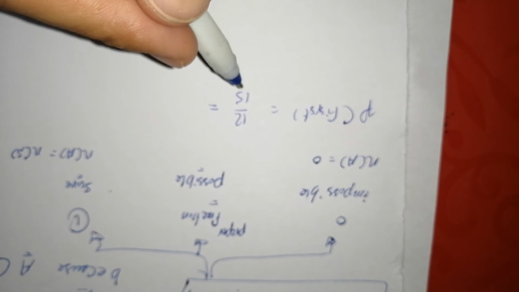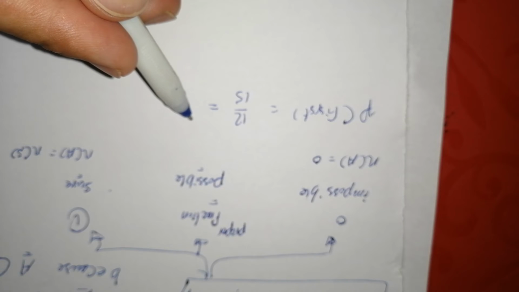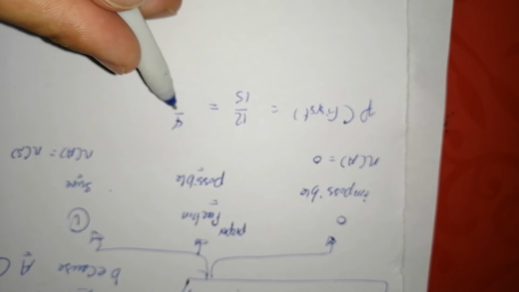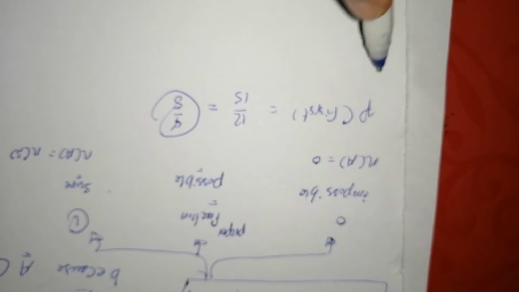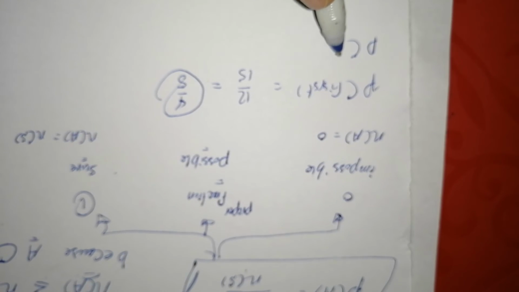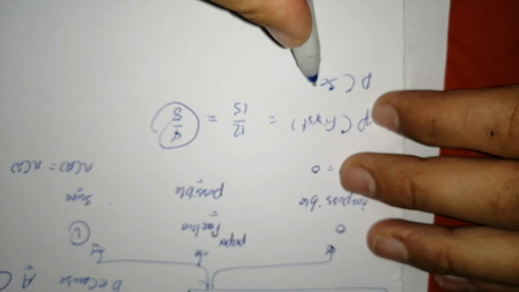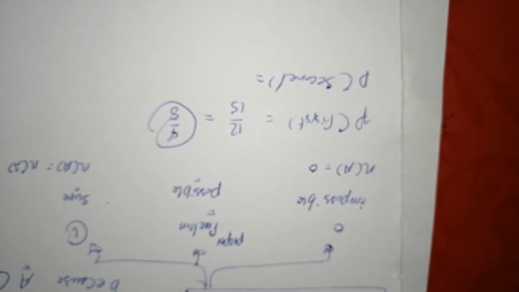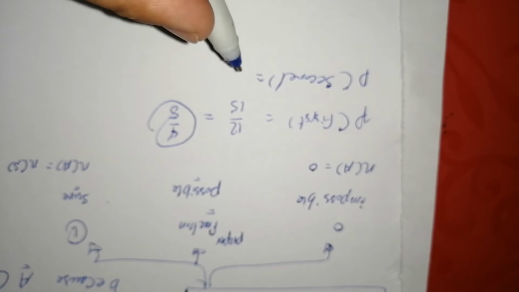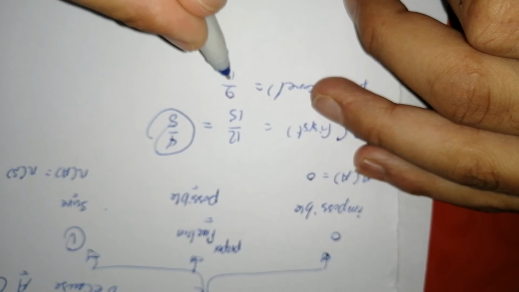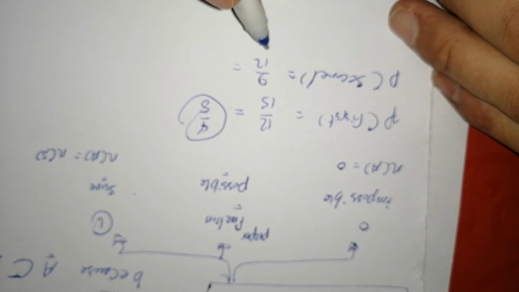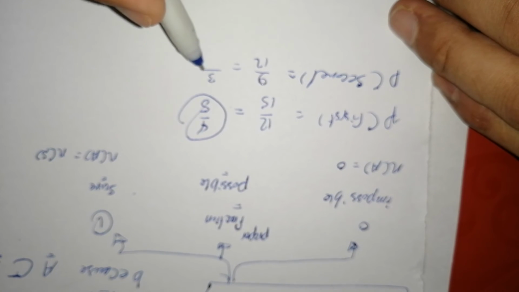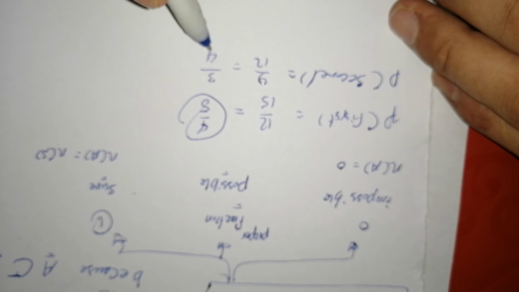So P of first equals 12 over 15. By simplifying this fraction, dividing by 3, it equals 4 over 5. And for the second player, the probability of second equals, he scored 9 of 12 kicks, that means 9 over 12. And we can simplify this fraction by dividing by 3, which equals 3 over 4.